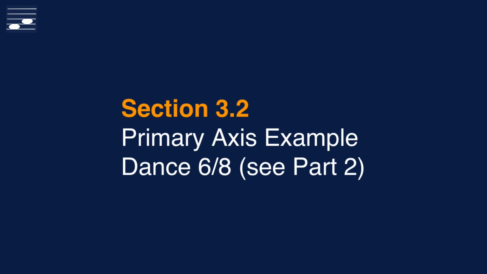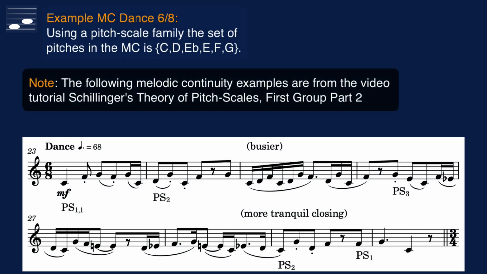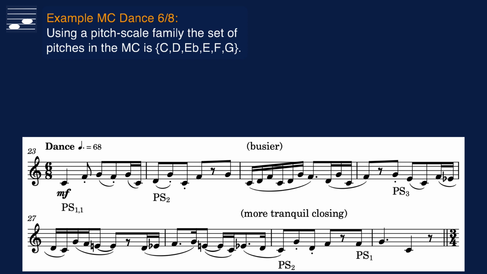We'll revisit a number of melodic continuity examples from part 2 in the series and identify the primary axis. This melodic continuity in 6/8 meter was created from a pitch scale family and has a total of 6 pitch units.